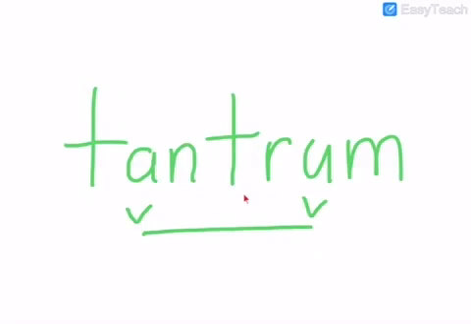All right, so our strategy is try to find blends and try to find actually a beginning blend to keep together. Let's see. NT is an ending blend. TR, is that a beginning blend? It sure is. So let's keep the TR together.